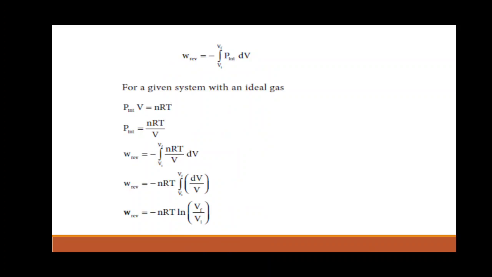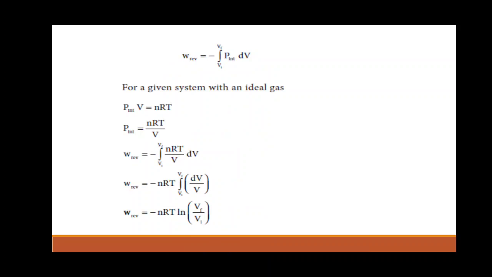Ideal gas formula in gaseous state we know very well: PV equal to nRT. So internal pressure alone, if you want to take, means the V will come into the denominator. So P internal pressure equal to nRT by V. Just substitute the internal pressure in the reversible process of work.